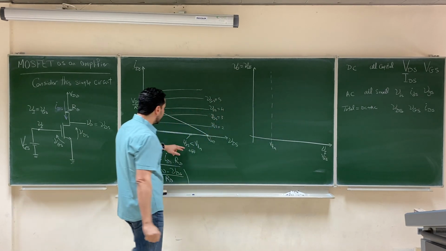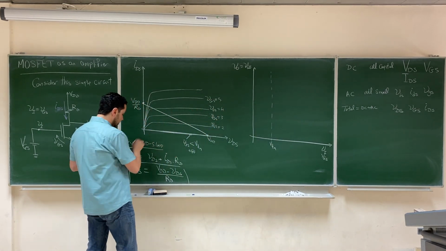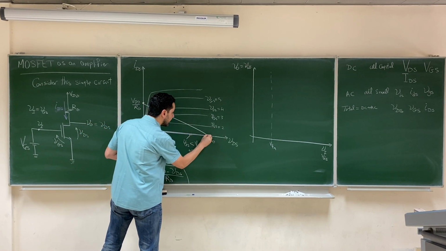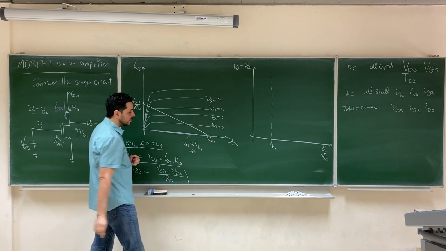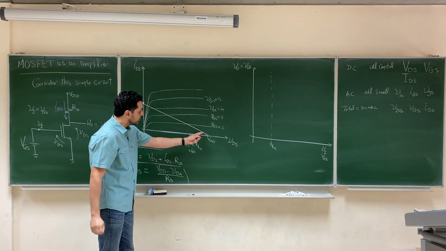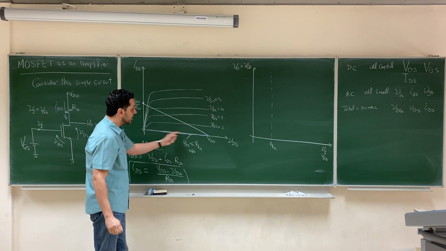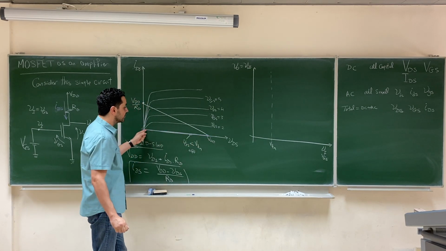If VGS is smaller than V threshold, then this will be the active curve, and the operating point will be here, which is the intersection of the line, the KVL, with the curve that represents the physics of the transistor.